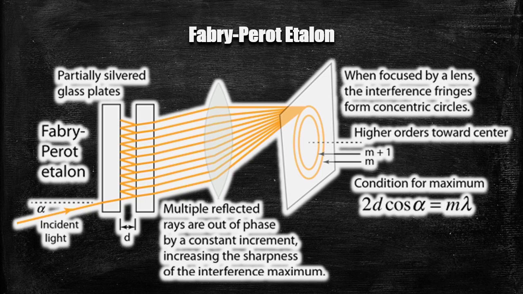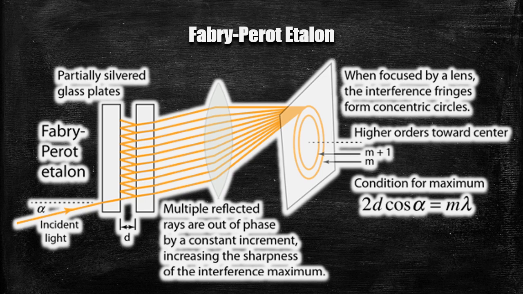Fabry-Perot etalon: partially silver-coated glass plates. When the incident rays enter these glass plates, continuous rapid zigzag reflections and refractions happen in the region between the partially silver-coated glass plates.